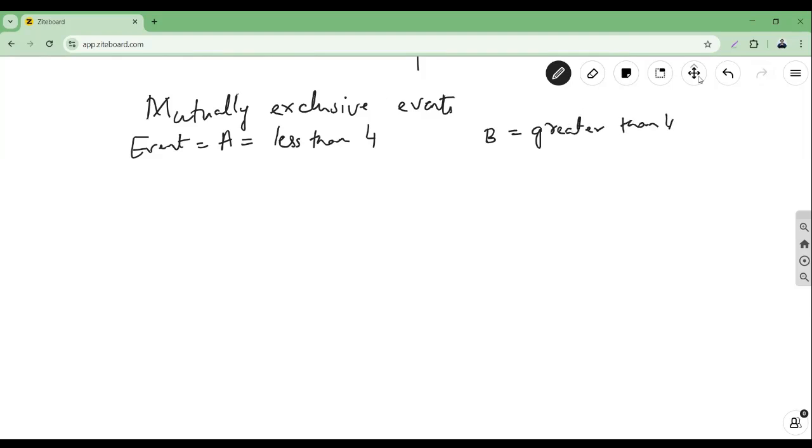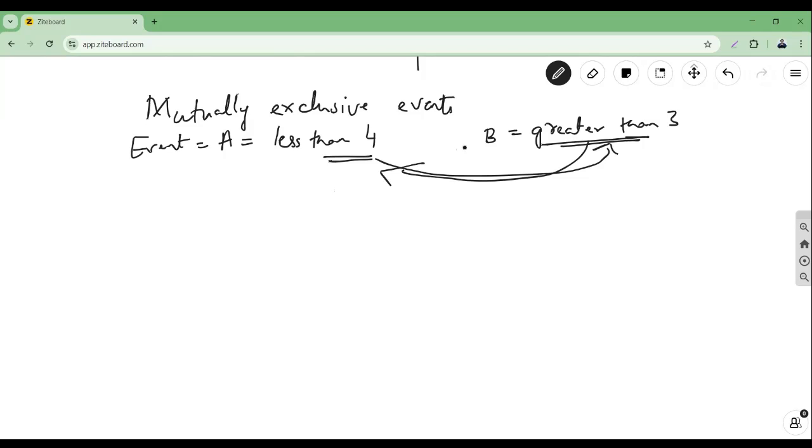Now, these are absolutely opposite. If you take a number which is less than 4, it can never be greater than 3. And if you take a number which is greater than 3, it can never be less than 4, right? I'm talking about throwing a dice.